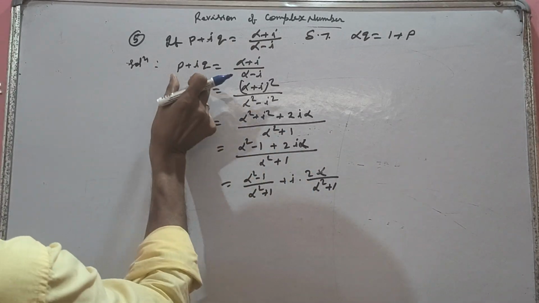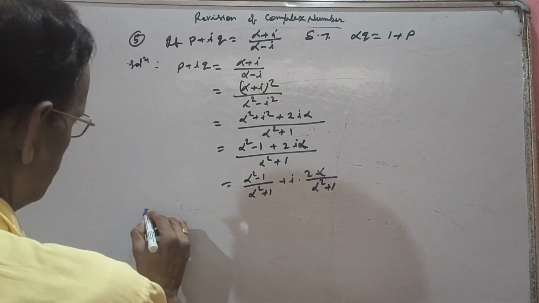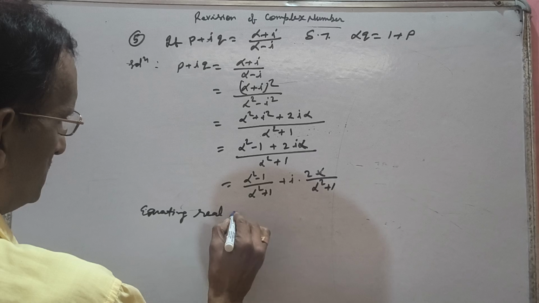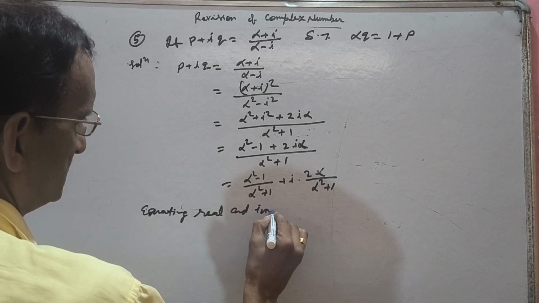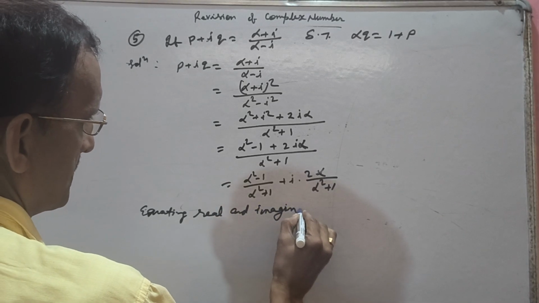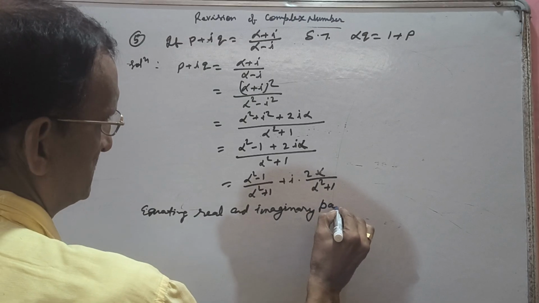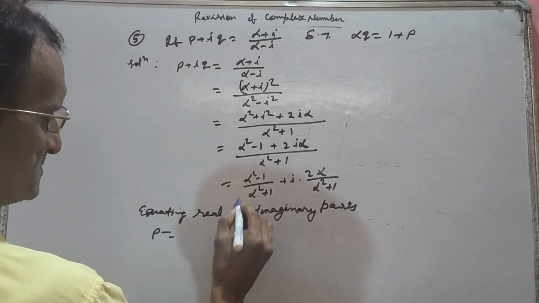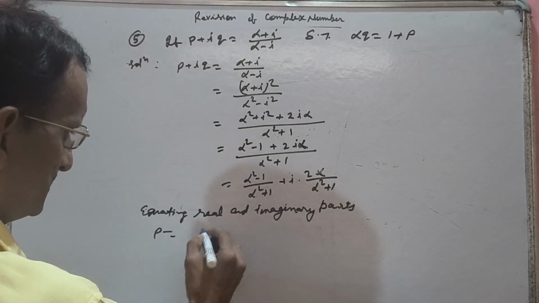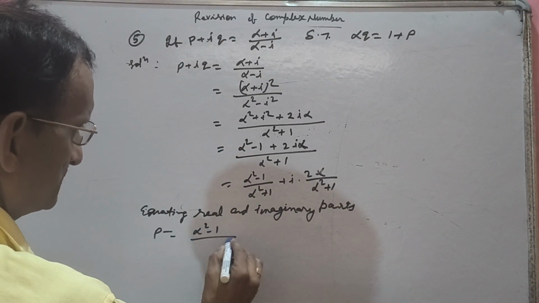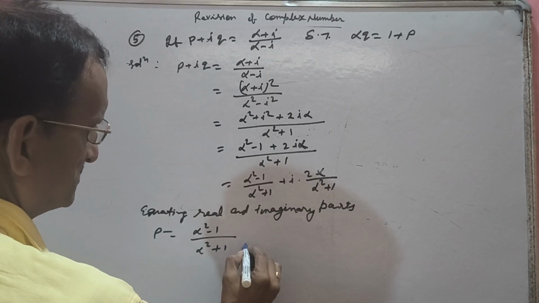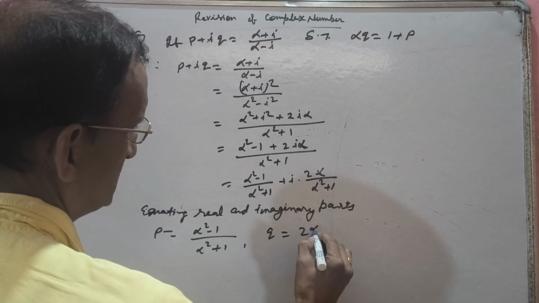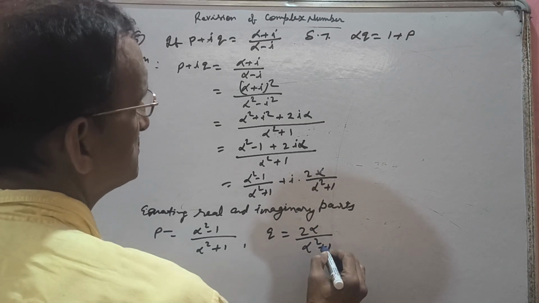So equating real and imaginary parts, what will we get? P equals this, real part equals real part, (alpha square minus 1) by (alpha square plus 1), and Q equals this, twice alpha by (alpha square plus 1).